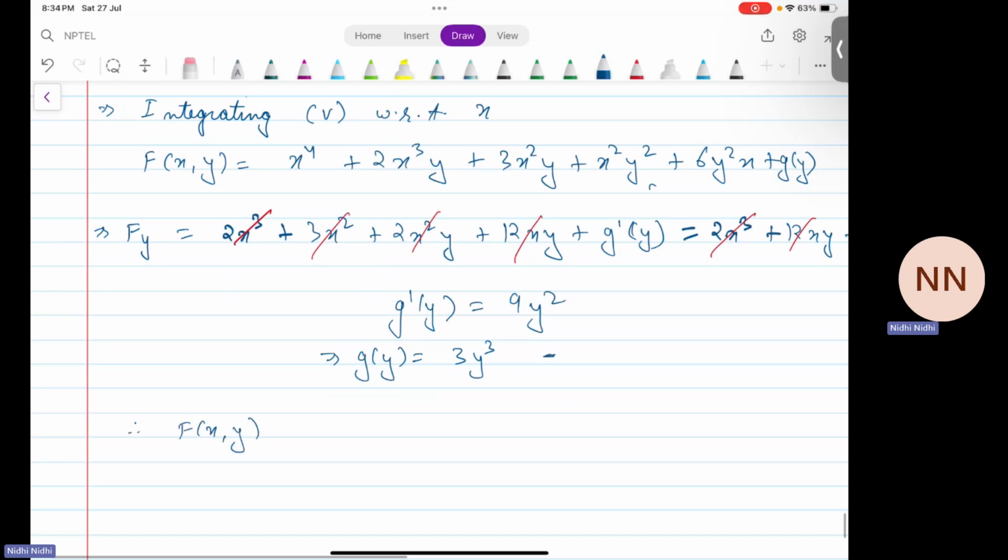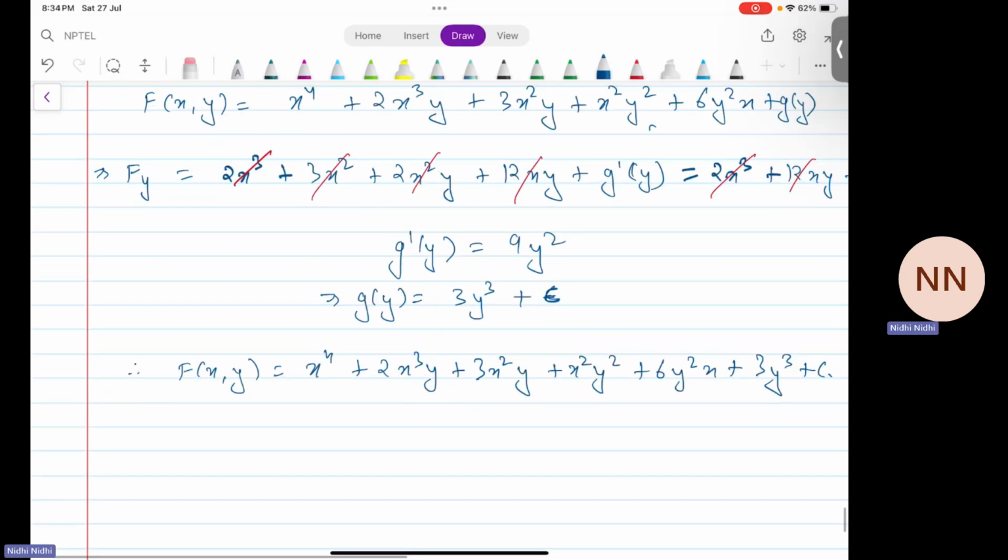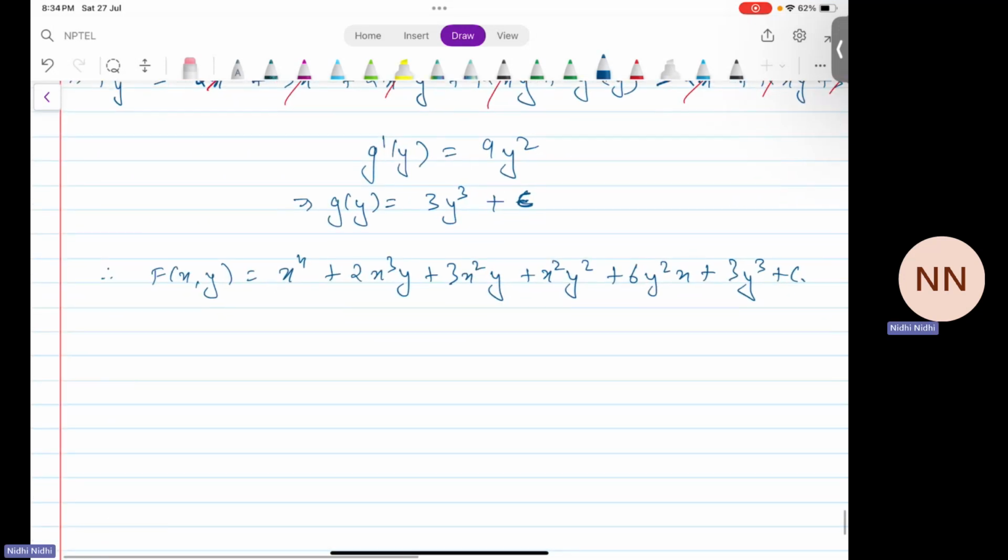f(x,y) is equal to x power 4 plus 2x cube y plus 3x square y plus x square y square plus 6y square x plus 3y cube plus some constant c. Therefore, the solution is given by f(x,y) equals some constant.